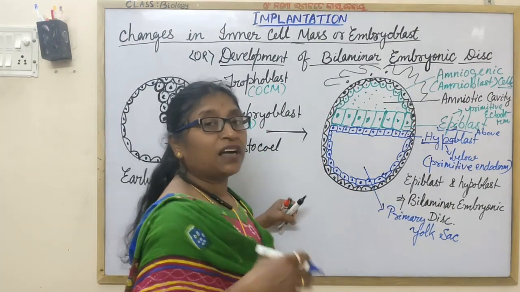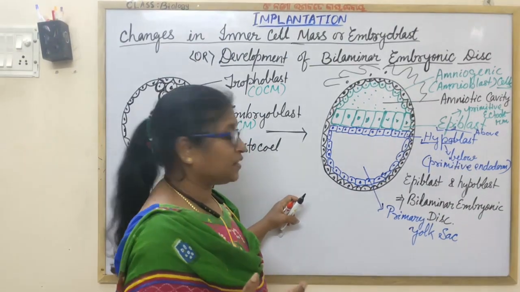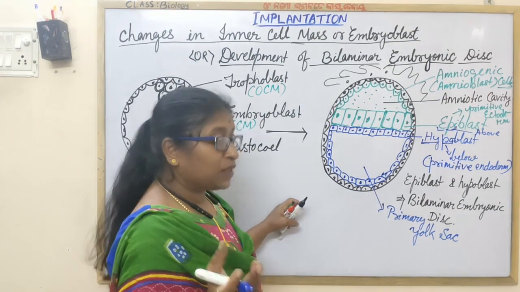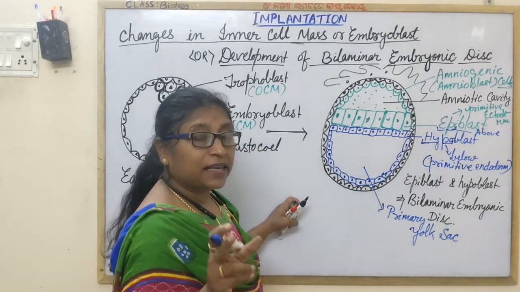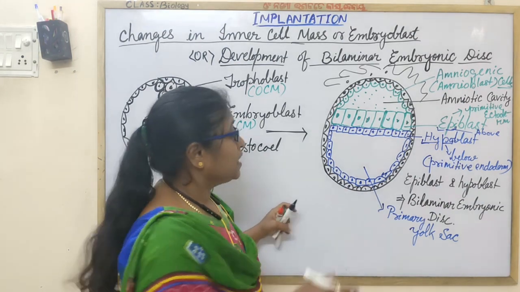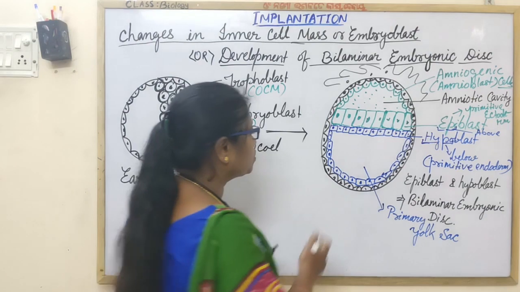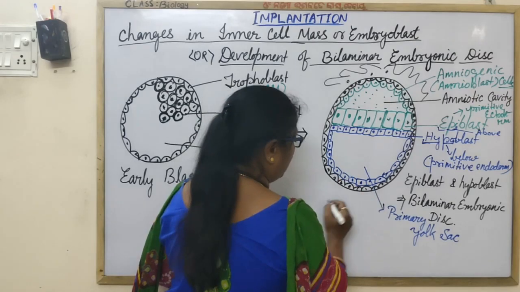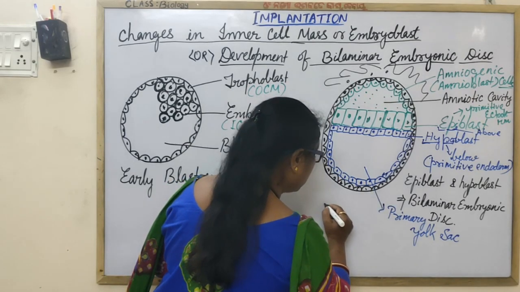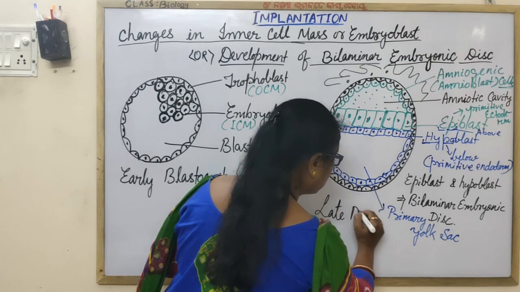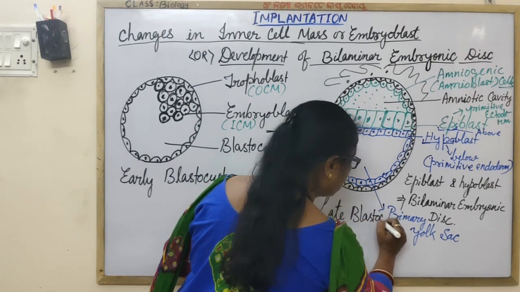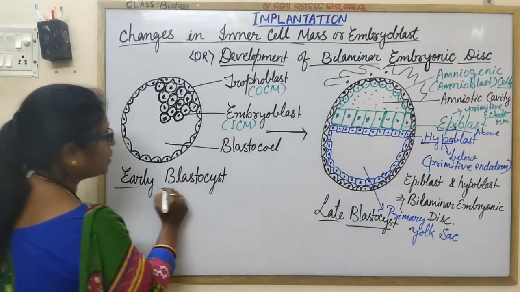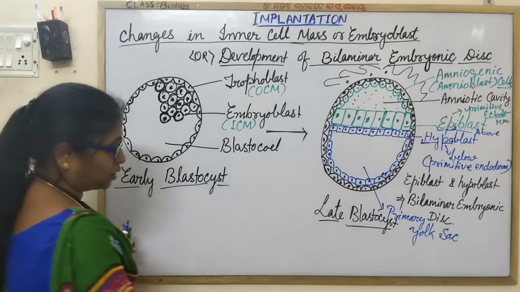The primary yolk sac afterward differentiates into the secondary yolk sac after producing another extra embryonic membrane, that is allantois. The secondary yolk sac is also one of the extra embryonic membranes. This is the late blastocyst. This is the early blastocyst, that is the late blastocyst.